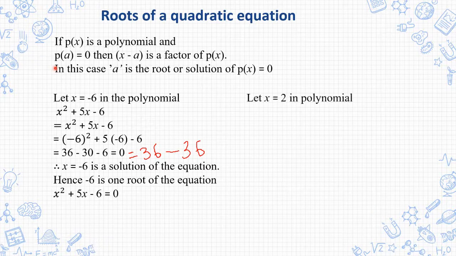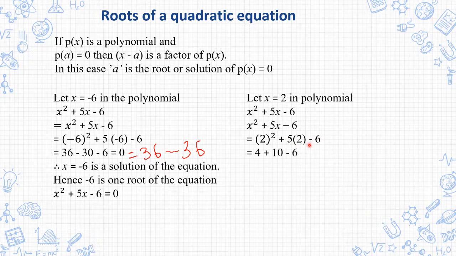Now let us substitute x is equal to 2 in the polynomial x squared plus 5x minus 6. In place of x, I'll substitute 2. So x squared will become 2 squared plus 5 into 2 minus 6. 2 squared is 4, 5 into 2 is 10, minus 6.